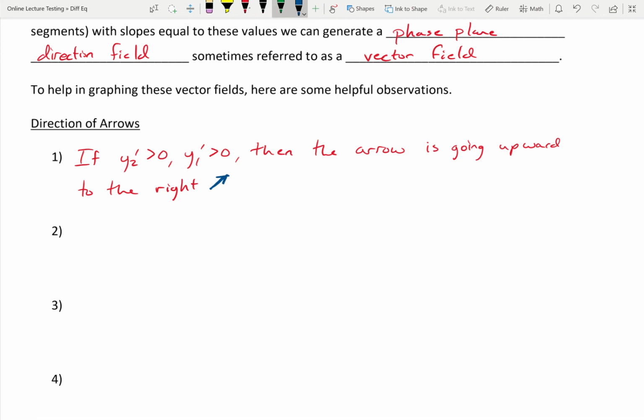Number 2, if the numerator is positive but the denominator is negative, again, remember y2 prime is up on top and y1 prime is on the bottom, then the arrow is going upward to the left.